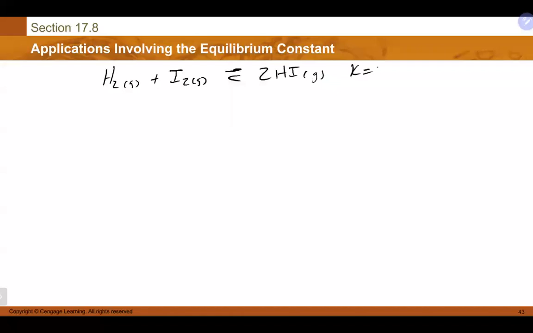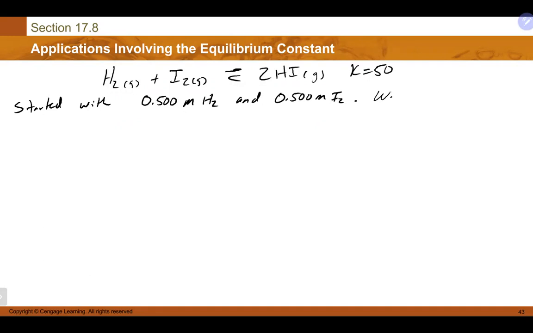And the K value is 50. Let's say in this reaction, we started with 0.5 molar H2 and 0.5 molar I2.